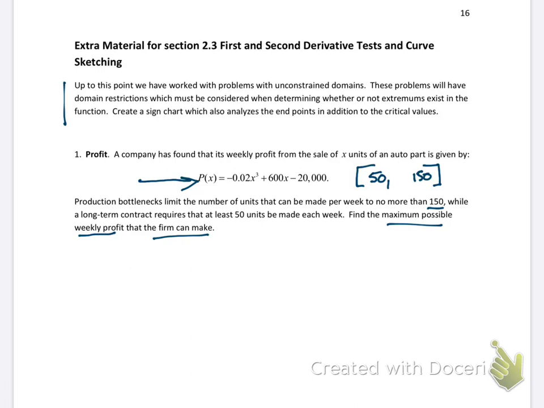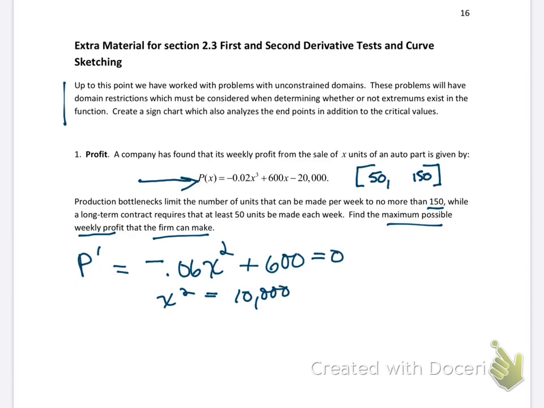Okay, so to maximize profit, we're going to take the first derivative just like we always have, and that first derivative is going to be negative 0.06 x squared plus 600. Okay, so we're going to set that equal to 0, and you're going to end up getting that x squared equals 10,000.